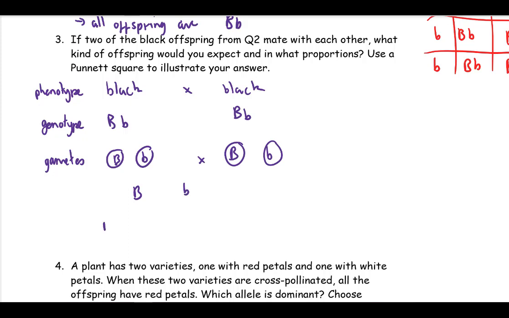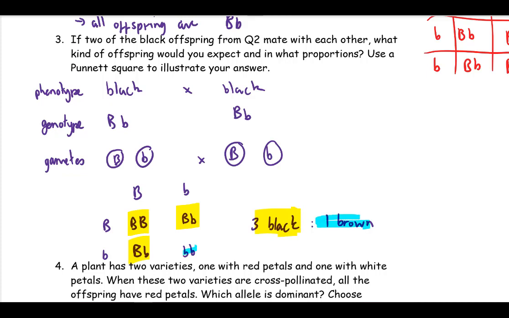We put them in a Punnett square. We get big B, big B. Big B, little b. Big B, little b. Little b, little b. Now, in this case, there are 3 black to 1 brown. So our black ones are this, this, and this. All the ones with the big B. And the brown one is this one.